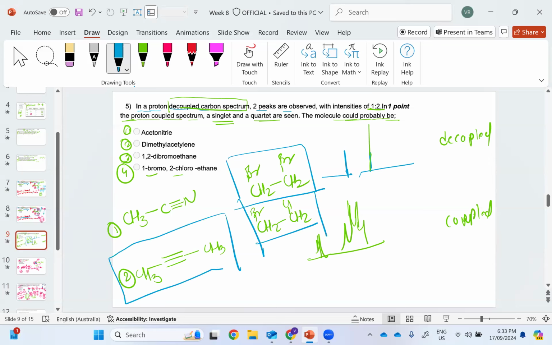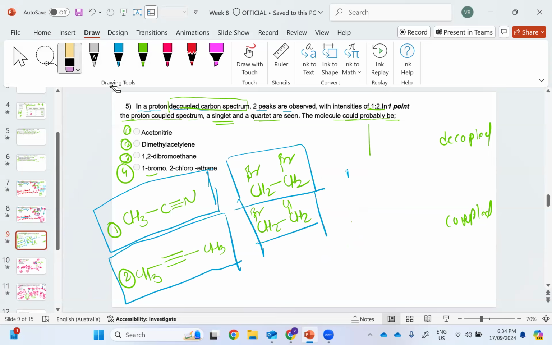If you look at all the options, you should be able to go to the correct option right now, because we have already seen how the splitting looks in the coupled or decoupled state. So let's do the first one. If you take this molecule in the decoupled state, since we are recording a decoupled spectrum, it will show two signals, two or one.